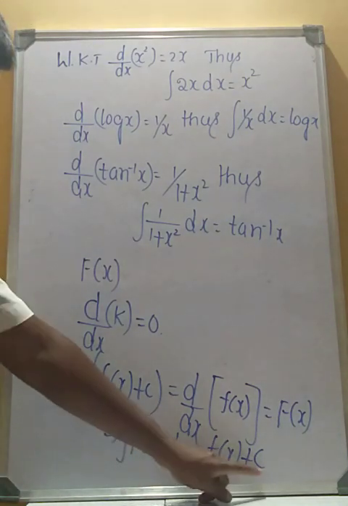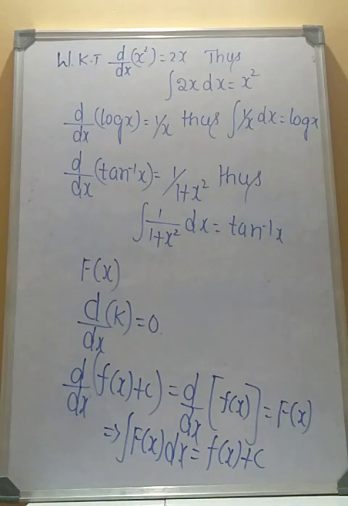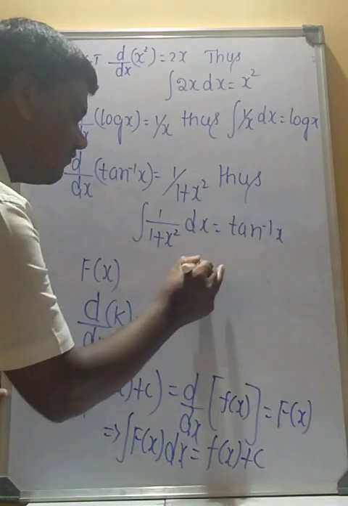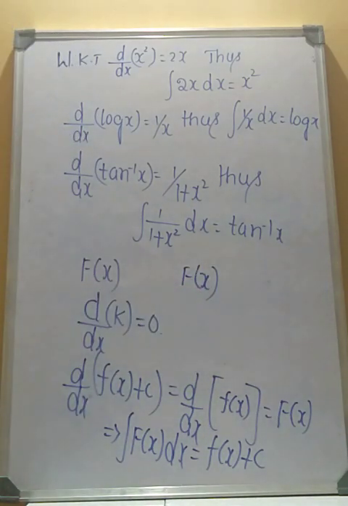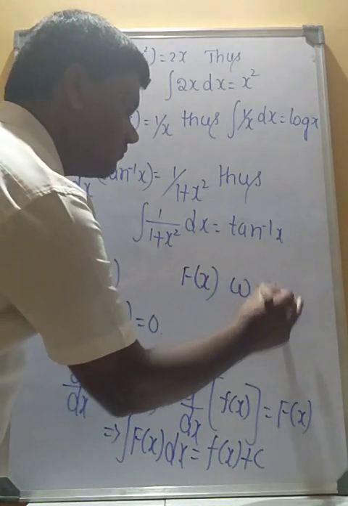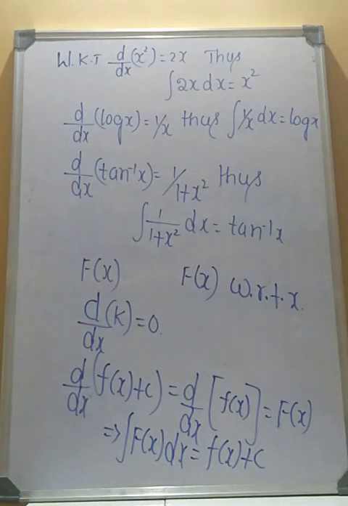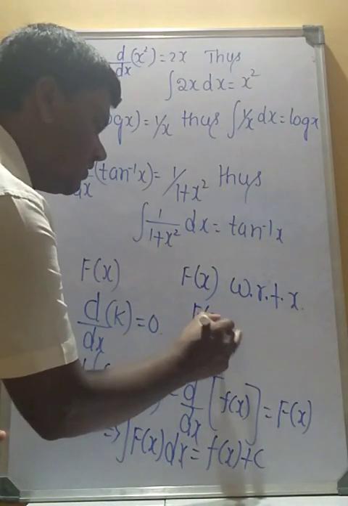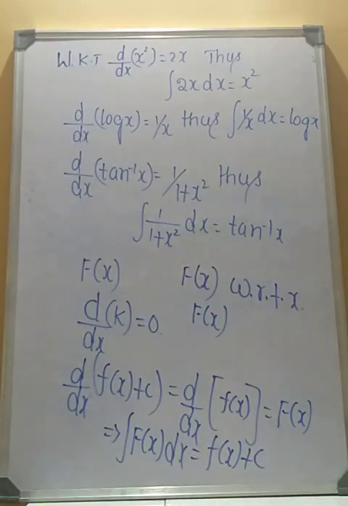Further, as the constant c is arbitrary, the integral or antiderivative of a function is not unique. The entire class of integrals of f of x with respect to x is known as the indefinite integral of f of x with respect to x.